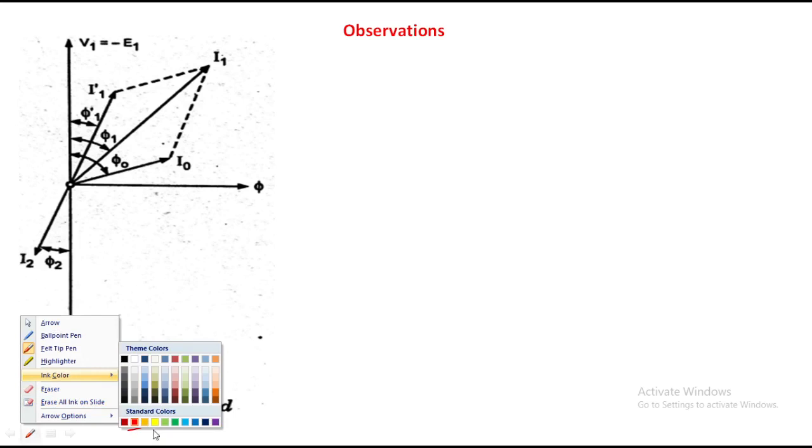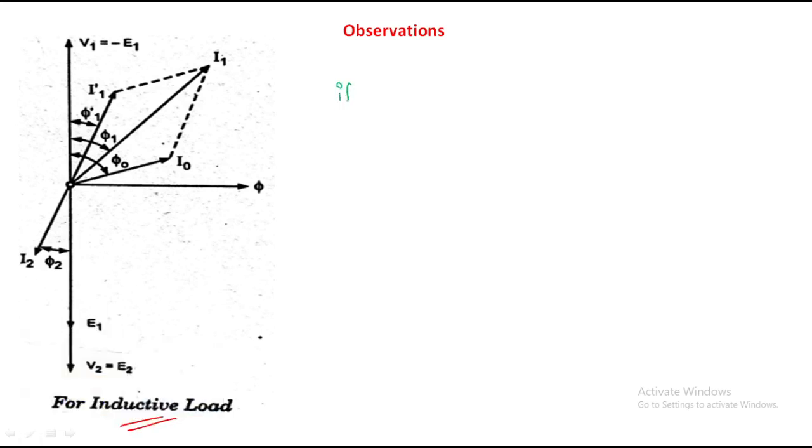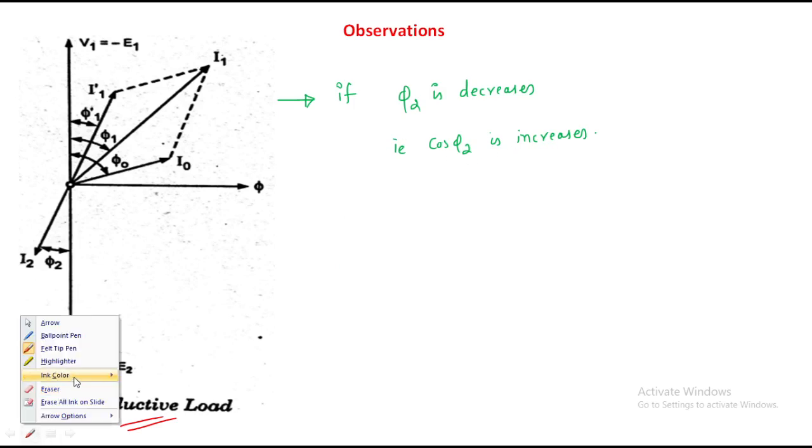Listen to these observations carefully. If phi 2 decreases, that is cos phi 2 increases, right? The secondary power factor increases. What will happen to the primary power factor? If phi 2 decreases, that is cos phi 2 increases, then what will happen?